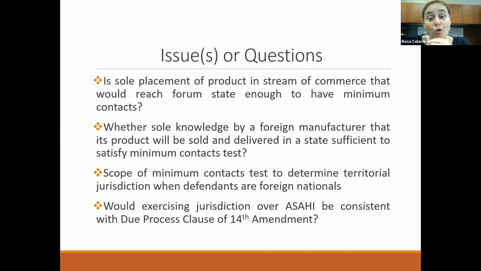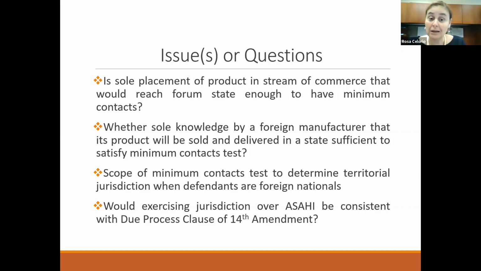One of them is the sole placement of a product in the stream of commerce, which means the fact that a foreign manufacturer places a product, or basically sells a product or knows that a product is in the stream of commerce or is basically circulating, in some commercial way, in another country like the United States or in a state in the United States.